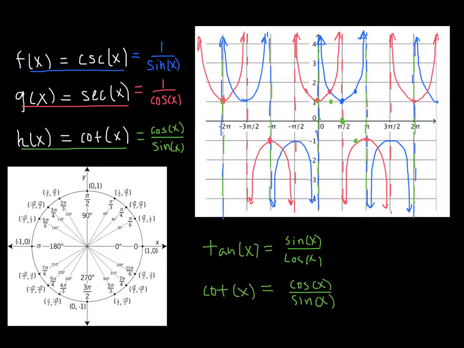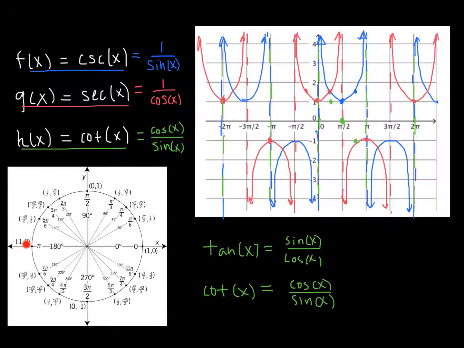And now we have a couple of points, and we can think about, okay, what's going to happen as we get closer and closer to this asymptote at 0. As we get closer and closer to 0, notice that cosine is getting closer to 1 and sine is getting closer to 0, meaning that the denominator is going to be getting very, very small and the numerator is going to be getting very close to positive 1. So we're going to approach values that are very close to positive infinity.